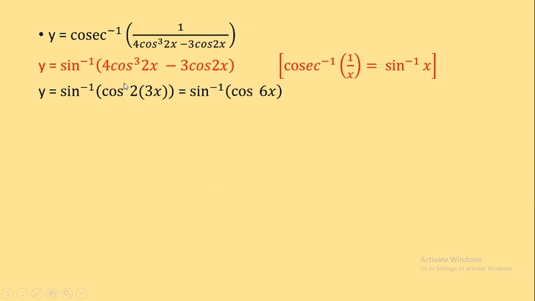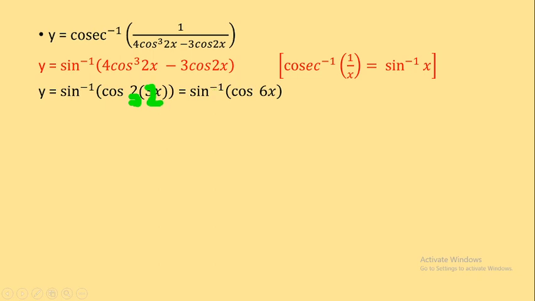Now next, I've directly written here because you now know the formula. This is 4 cos cube 2x minus 3 cos 2x, so this is a triple angle formula: 4 cos cube theta minus 3 cos theta, but instead of theta, you have 2x. Sorry, there is a small printing mistake here: this is 3 and this is 2.